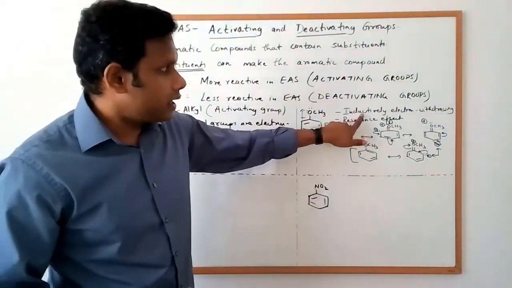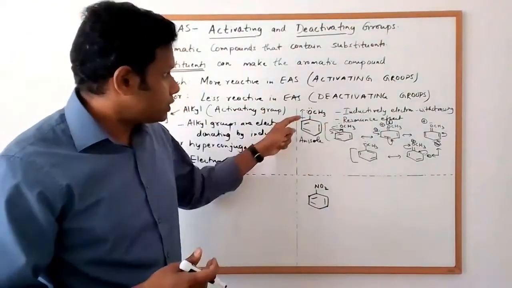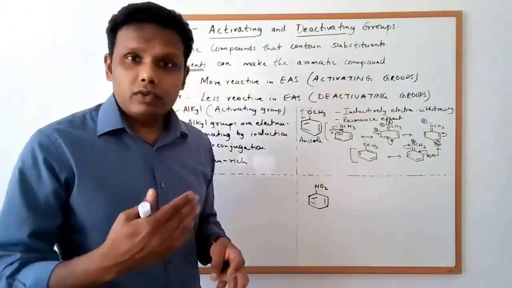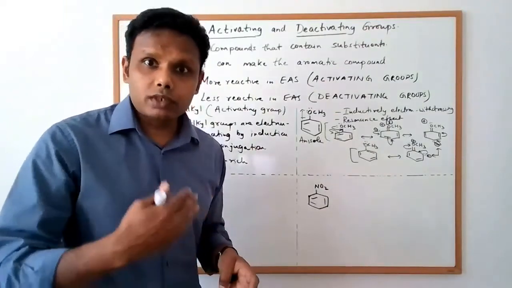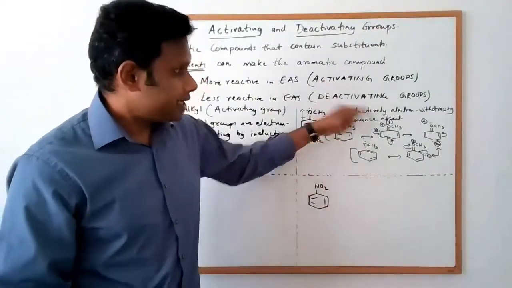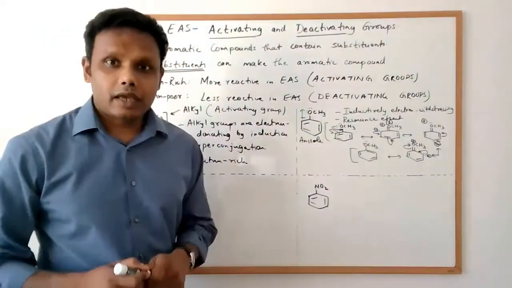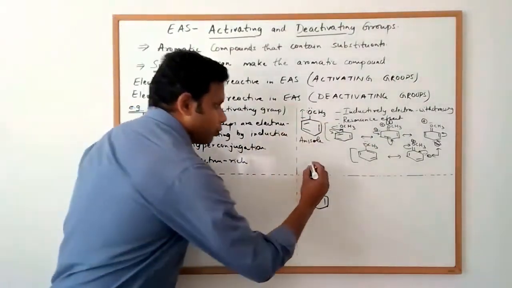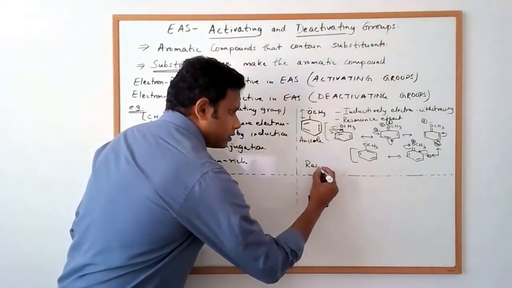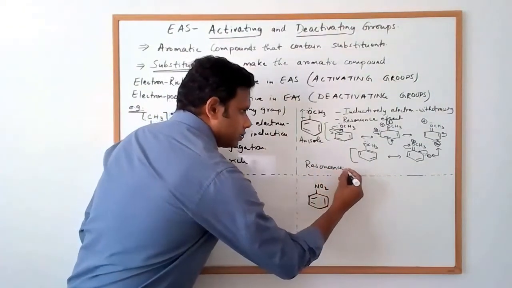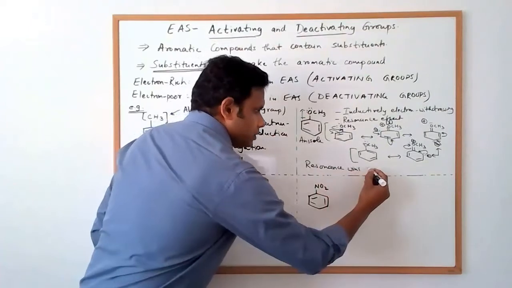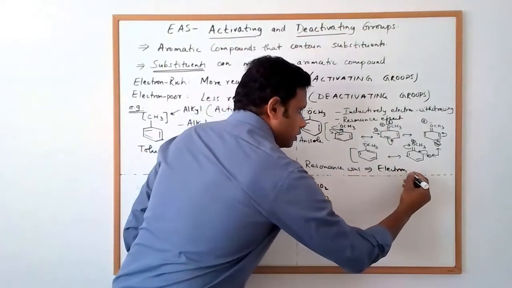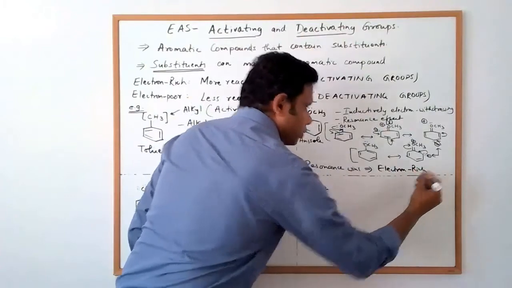So we have an inductive effect, which is withdrawing electron density because oxygen is more electronegative. And we have a resonance effect, which works in the opposite direction by supplying electron density. And in the case of the methoxy group, resonance wins, and therefore the ring is overall electron rich.